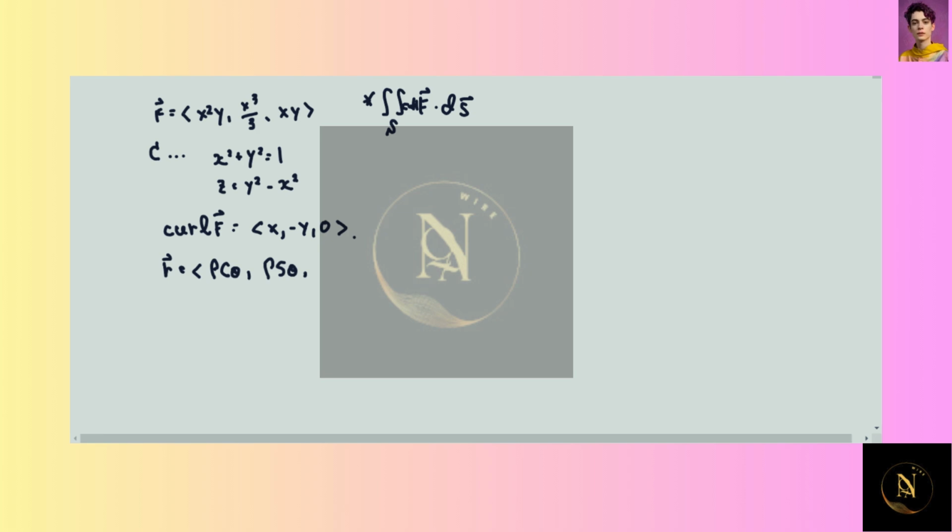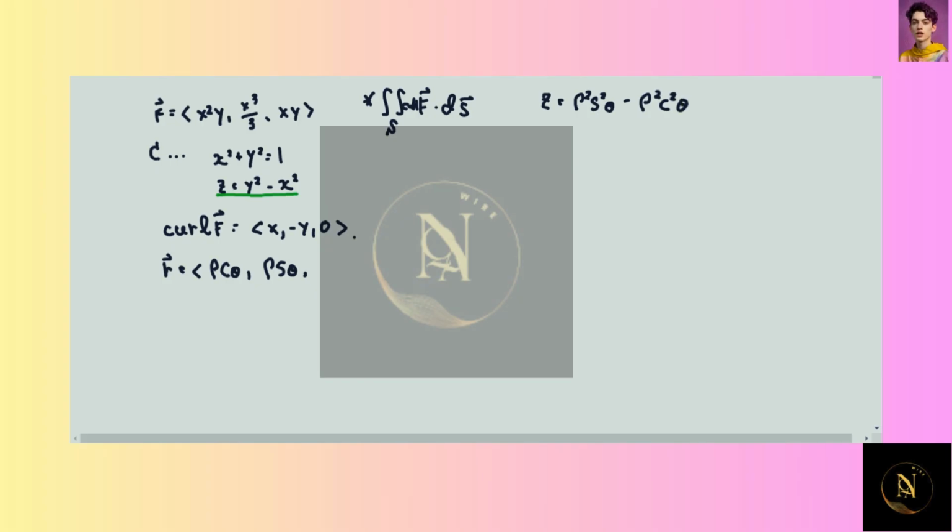And because z is equal to y squared minus x squared, it can be rewritten as z equals rho squared sine squared theta minus rho squared cosine squared theta.